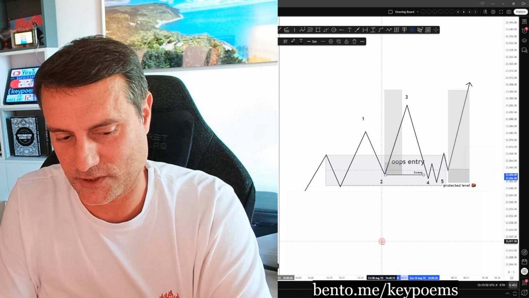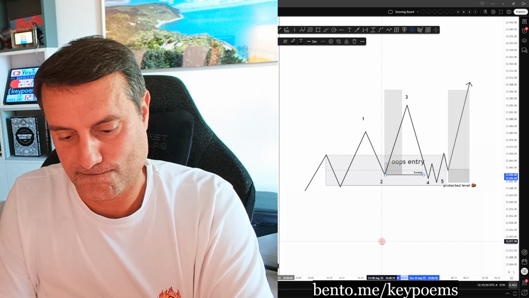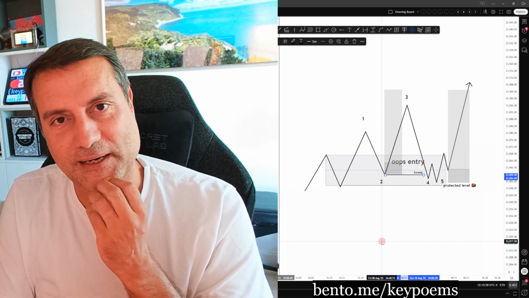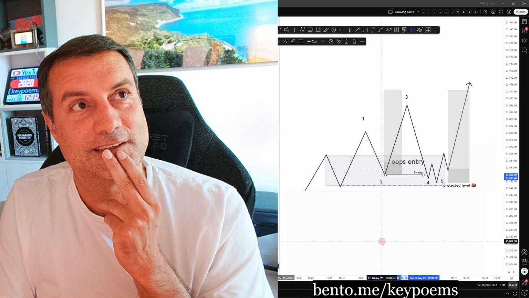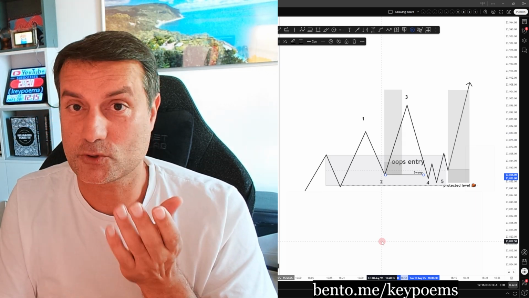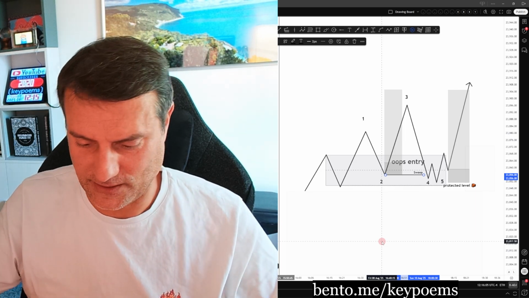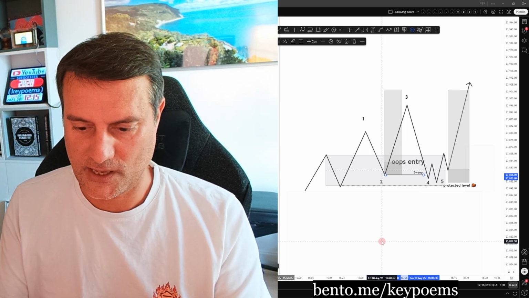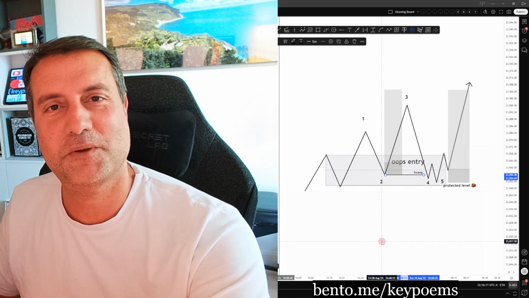So I want to make sure there's hype for these new tools. But I'm a little bit reluctant to give a target, because I'm also working on automated backtests on this, finding the right settings so that the edge is insane. So give me a little bit more time.